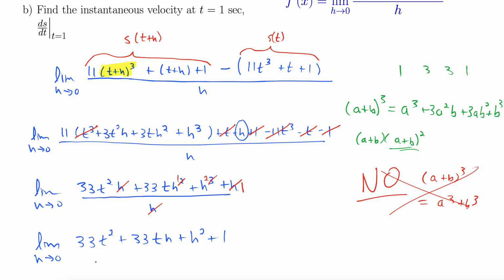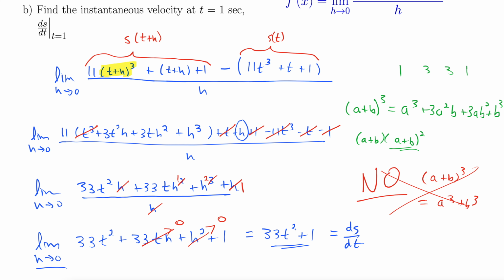We can just plug in the limits, h is approaching 0, so we essentially plug in 0 for h because it's a polynomial, which means that these terms with an h both go to 0, leaving us with our answer, 33t squared plus 1.